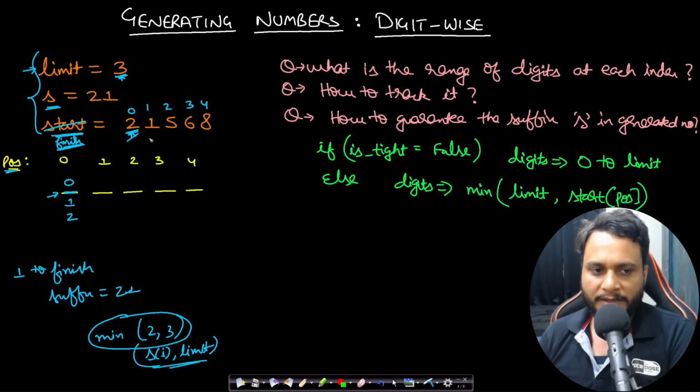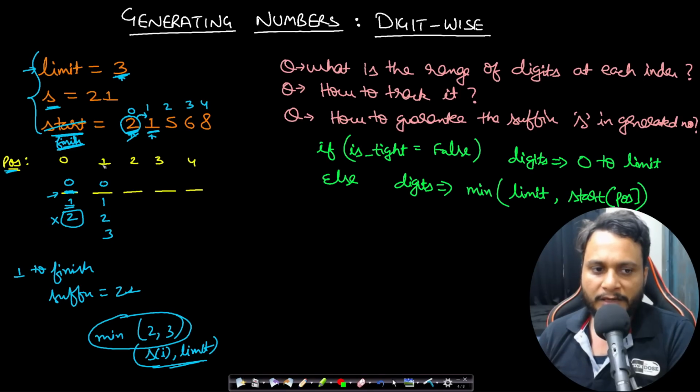Now if I move forward to 1, for whatever you had chosen here, what can be the options for this one? Now if you carefully think about it, if you had not chosen this 2, let's say, then you had chosen 0 and 1, then I can select any number from 0 to limit simply. I can choose here 0, I can choose 1, I can choose 2, I can choose 3, but definitely I cannot take any digit greater than the limit.